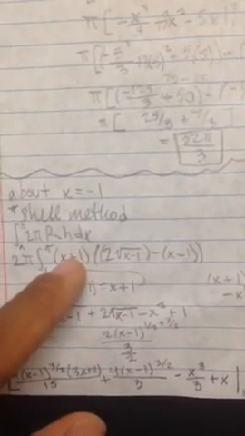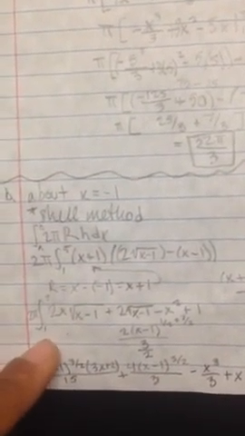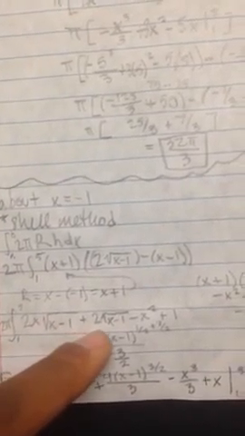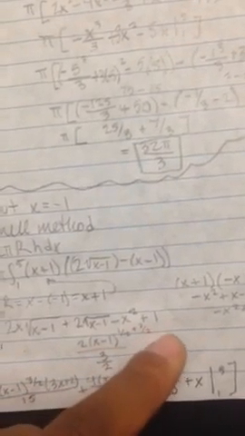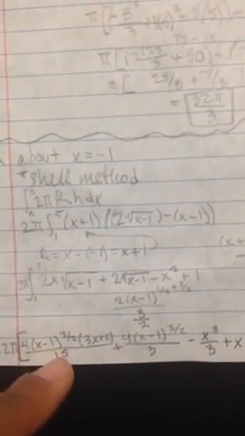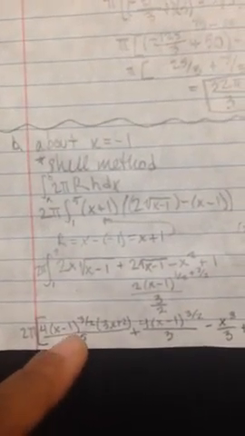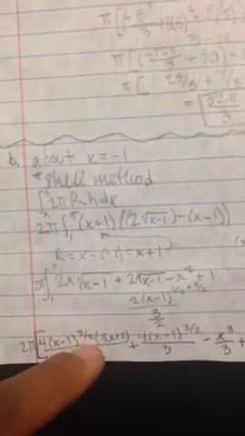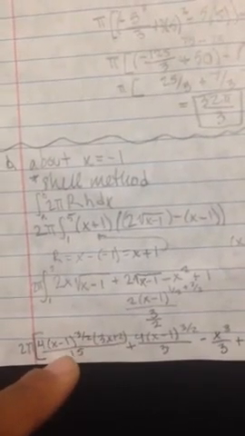When you expand this out, I treated x minus 1 as just a variable, so you're going to get 2x times the square root of x minus 1 plus 2 times the square root of x minus 1 minus x squared plus 1. Honestly, I didn't know how to integrate just this part, so I used my calculator, and that gave you 4 times x minus 1 to the 3 halves times 3x plus 2 over 15.